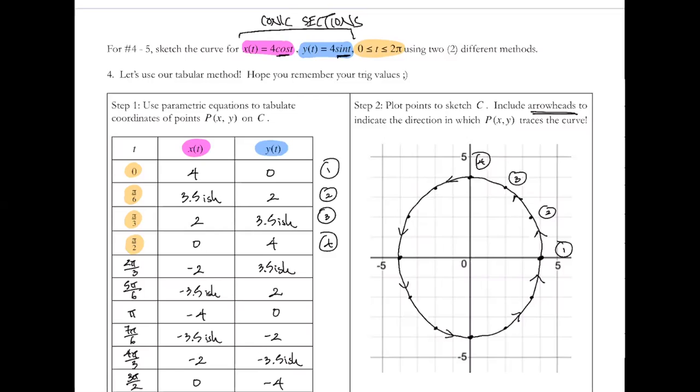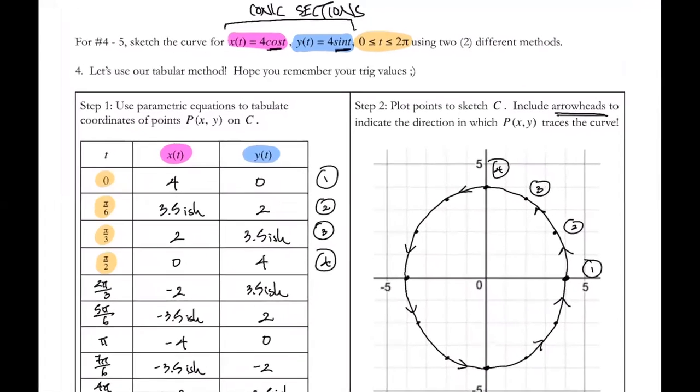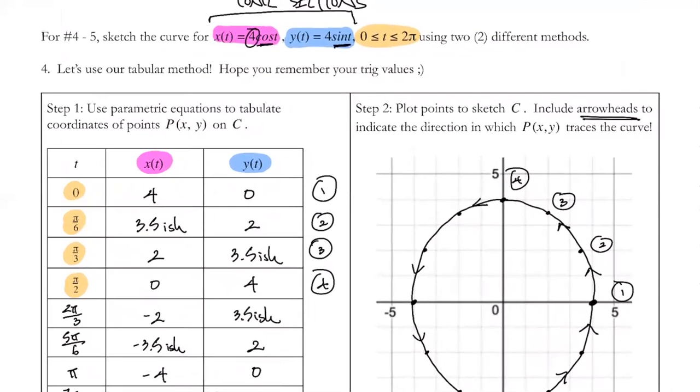Now, back to Yitan's question. If the amplitudes are different, so if we're thinking the number in the front, like 4 and 4, if we have 4 and 3, do we think we're still going to get a circle? Yeah, if we had like 4 and 1, we wouldn't get a circle. We would get, what is the name of that shape? Let's think back to our mathematical language.